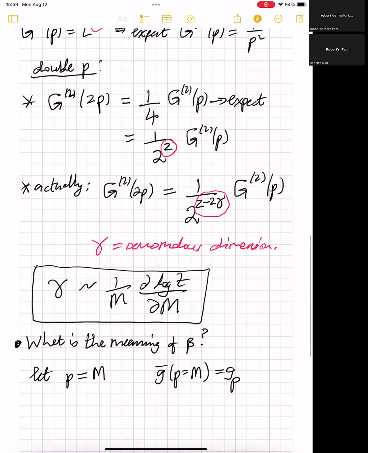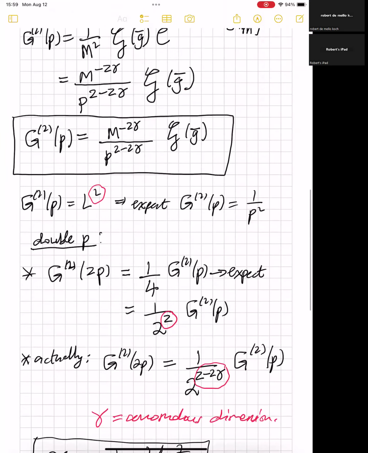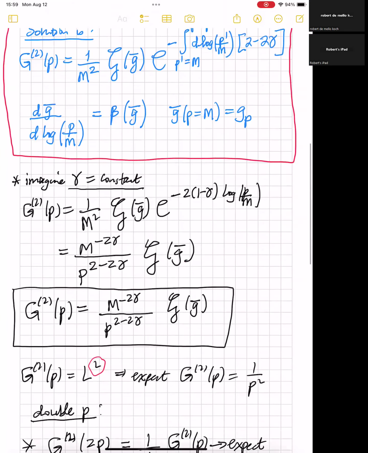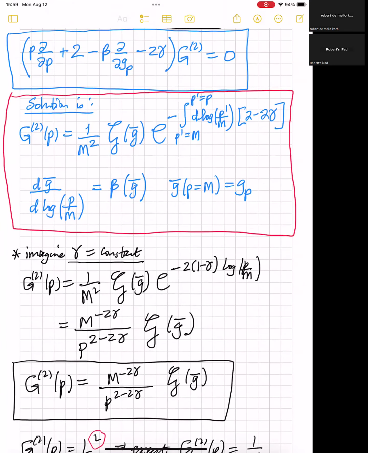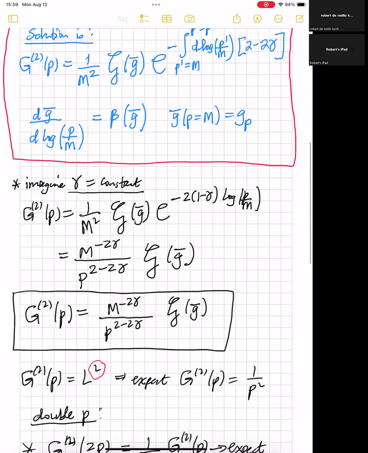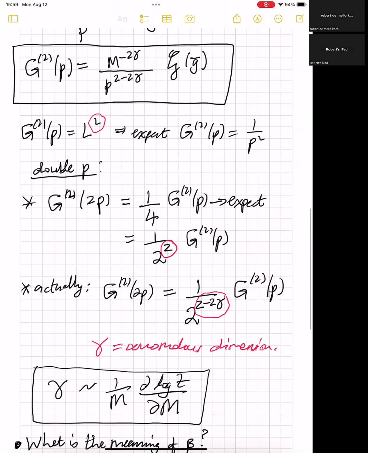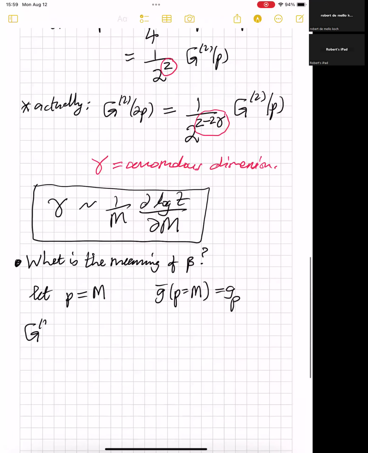So when we look at our solution for G2, where is it? Over here. G2 of p will be equal to 1 over m squared times now this will become curly G of gP. So G2 of p will now be 1 over m squared, and then we will have this function as a function of the physical coupling.